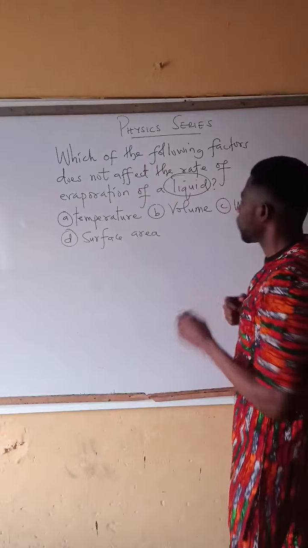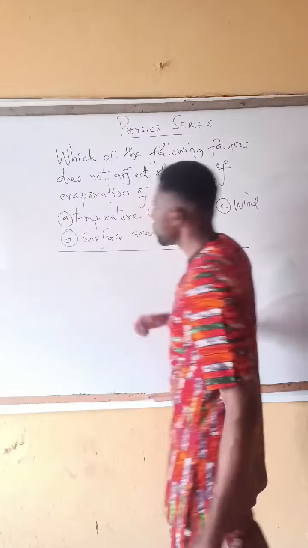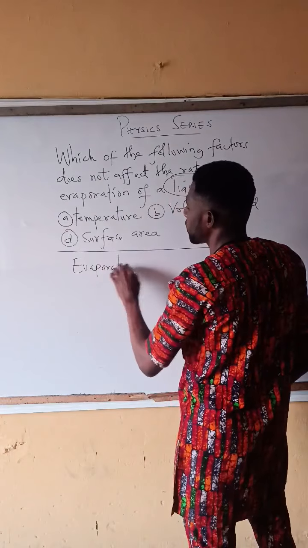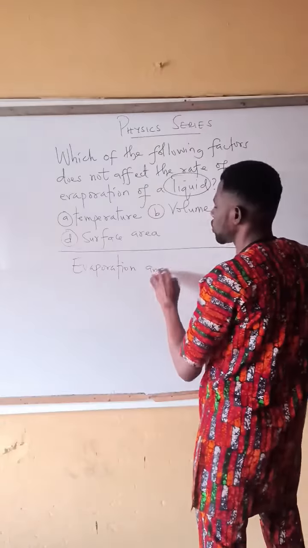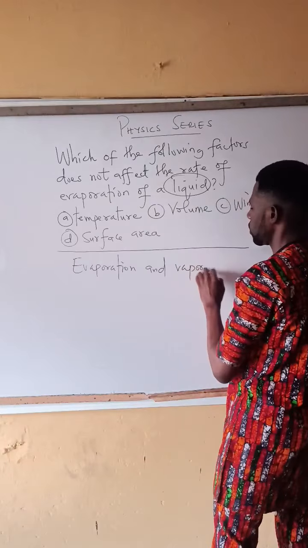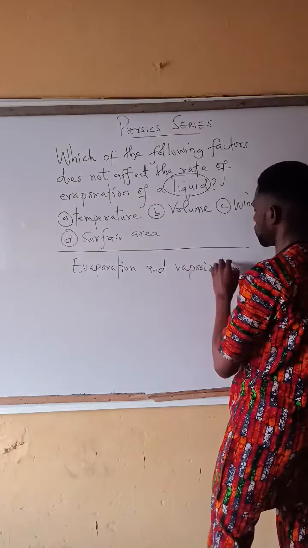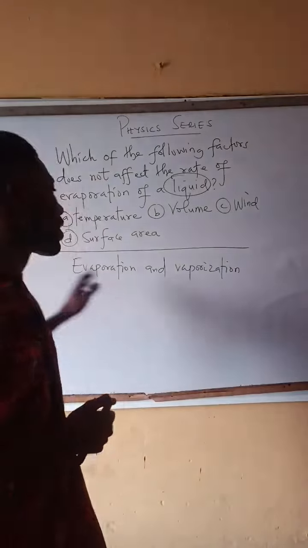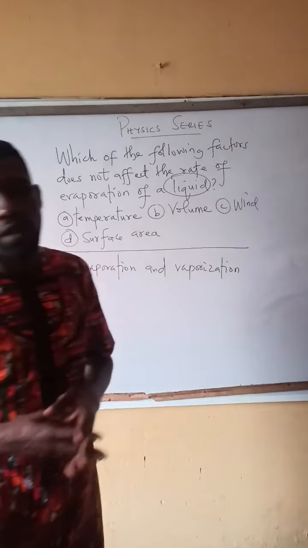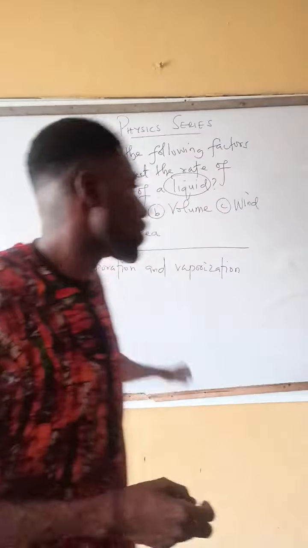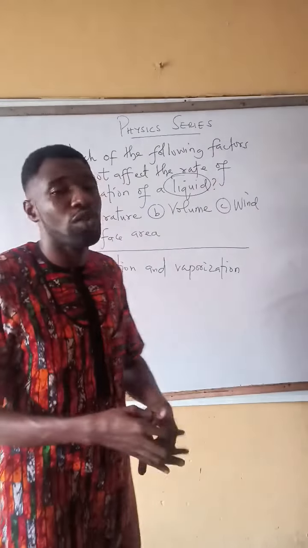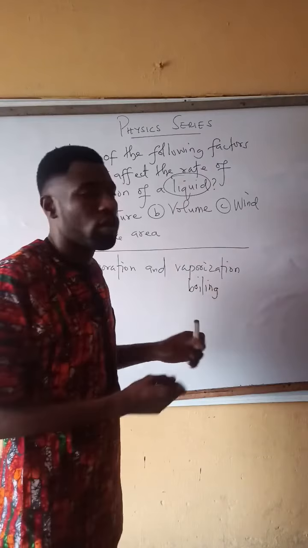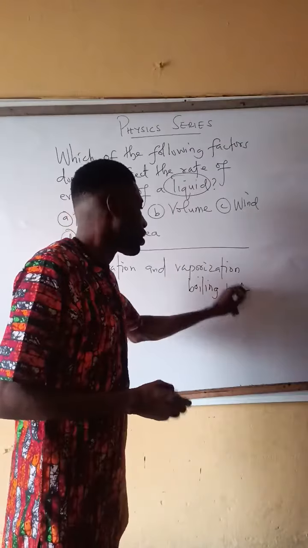Now the first thing we need to establish before I go on is that there's a difference between evaporation and vaporization. One of the differences is that evaporation takes place at any given temperature, while vaporization, which is synonymous with the word boiling, takes place at only 100 degrees Celsius.